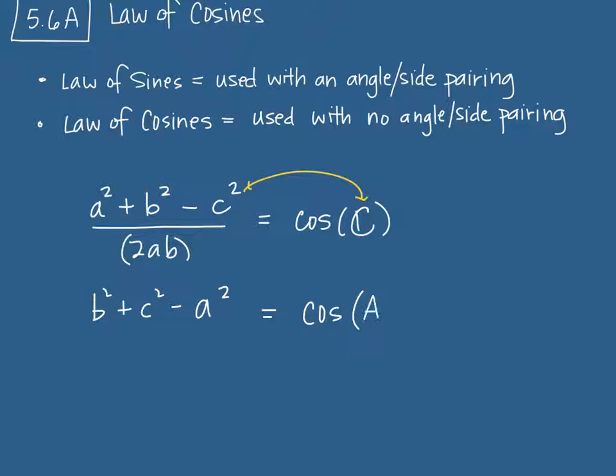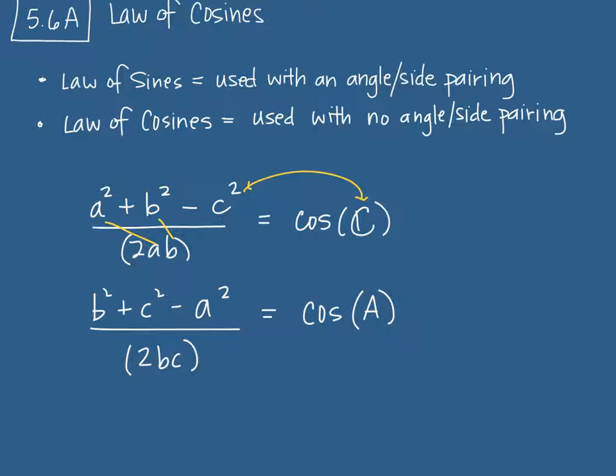It would be A. The denominator has to get switched also. Notice that the a and the b match what was the a squared and the b squared. And so this denominator would be 2bc, because you were doing the b squared and the c squared first, and then the a squared was the subtraction, so you could do cosine of A.